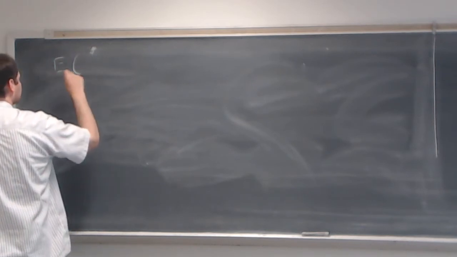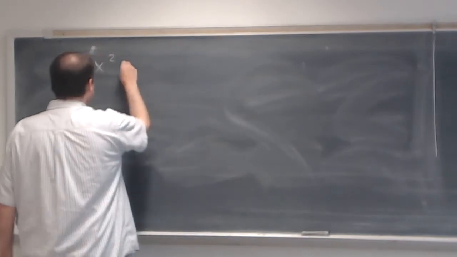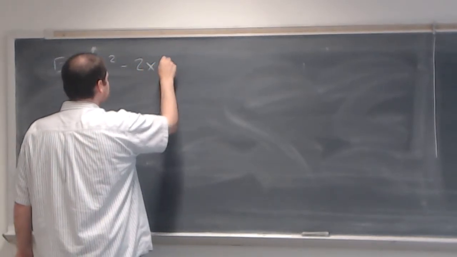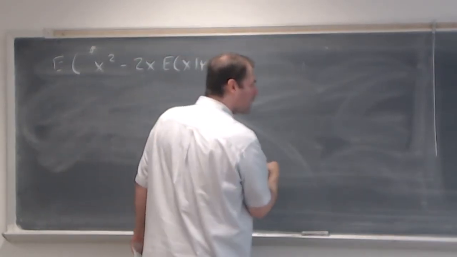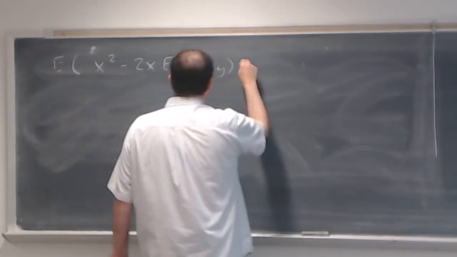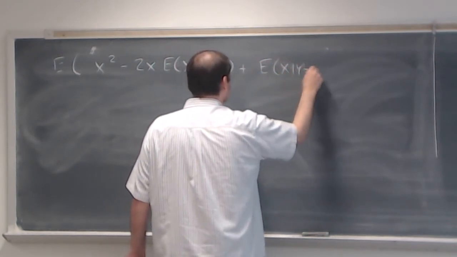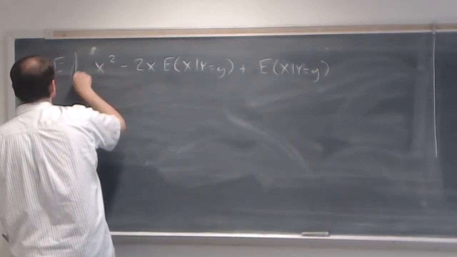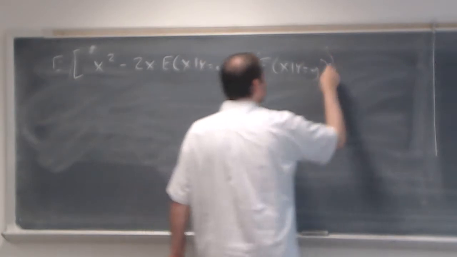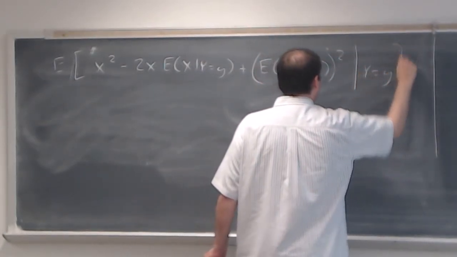What we do, we're talking about conditional expectation of x squared minus 2x times the conditional expectation of x given y equal to y, and then plus the conditional expected value of x given y equal to y, that quantity to be squared, given y equal to y.